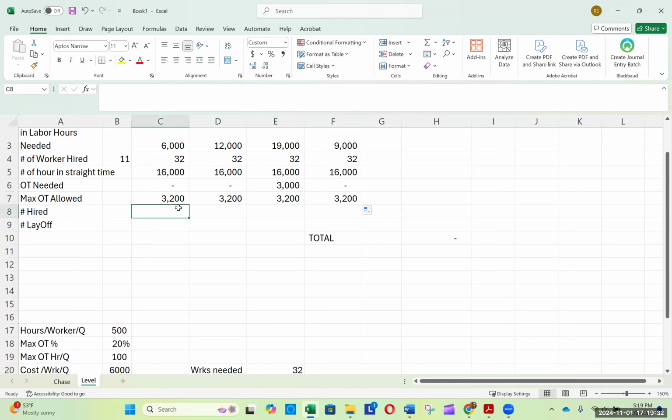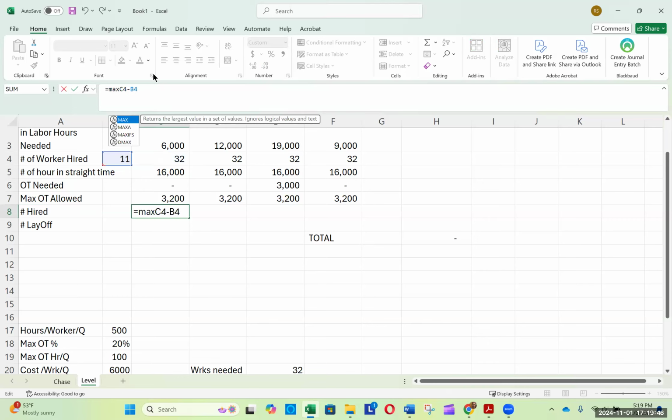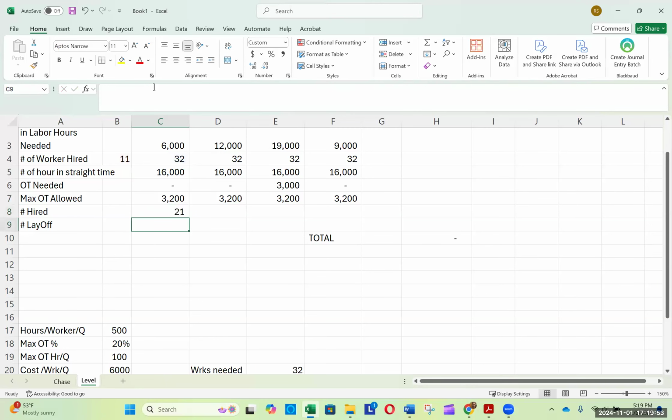Next, you need to hire people. So hiring is, you need 32 people minus what you had in the last quarter. This is okay, but sometimes you can have a negative number, remember, as we discussed in class. So I'm going to just put the max function just to be safe, so it never gives you a negative number.